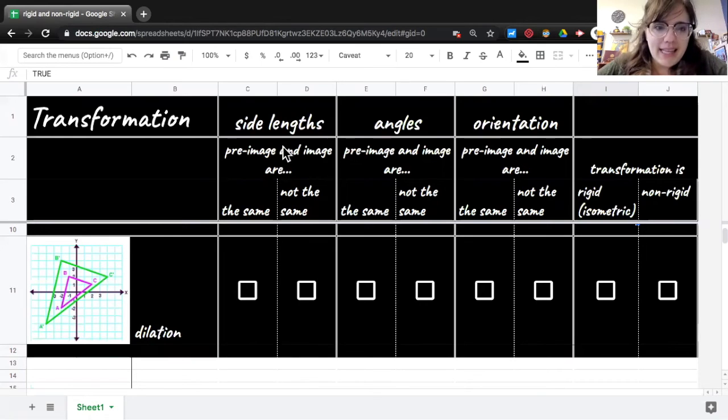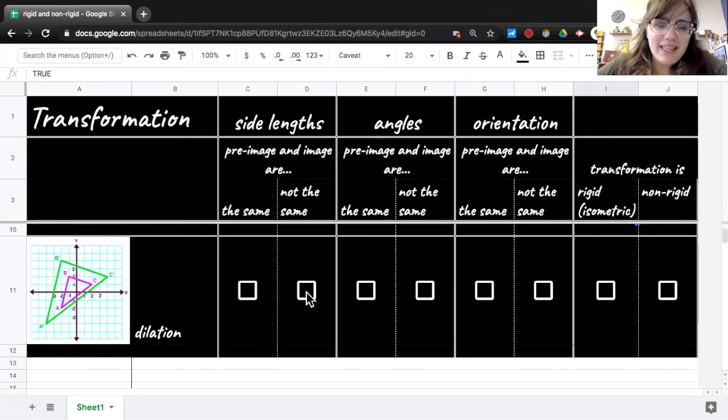Dilations, the side lengths. I can see right here that this side length and this side length are not the same. The green triangle is much bigger than that purpley pinky triangle, whatever color it is on your screen.